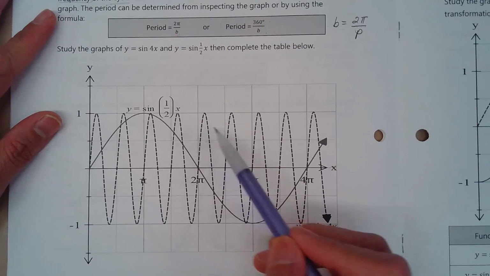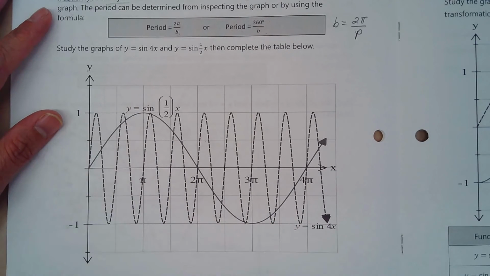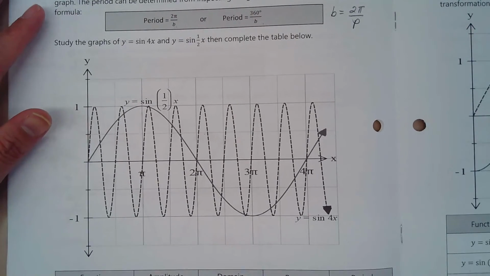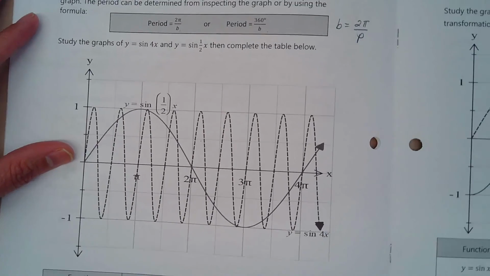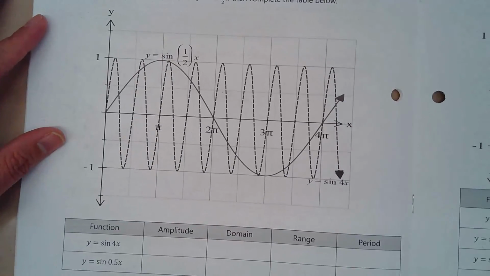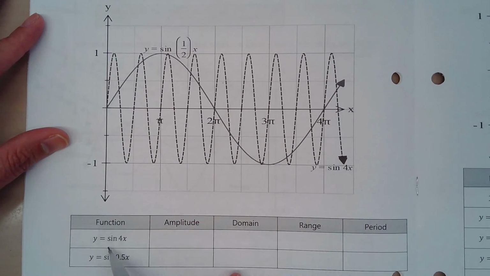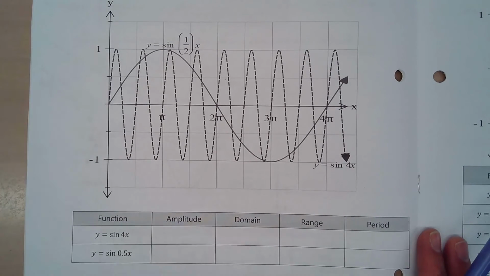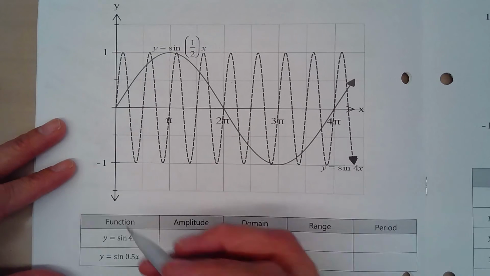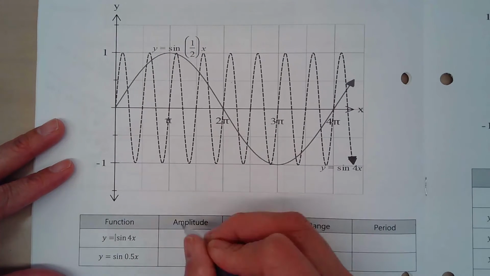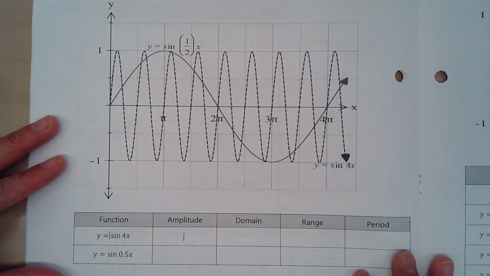So sine of 4x. What is the amplitude? The amplitude is still 1, right there. What's the domain?